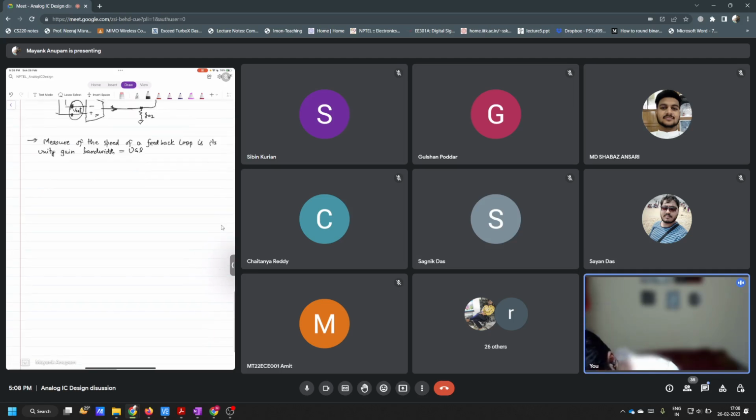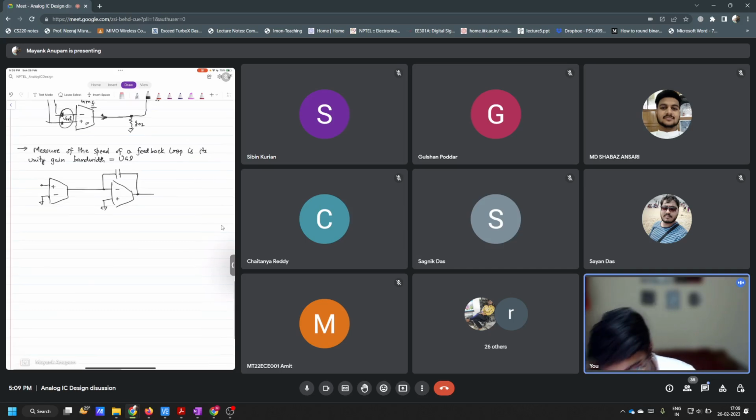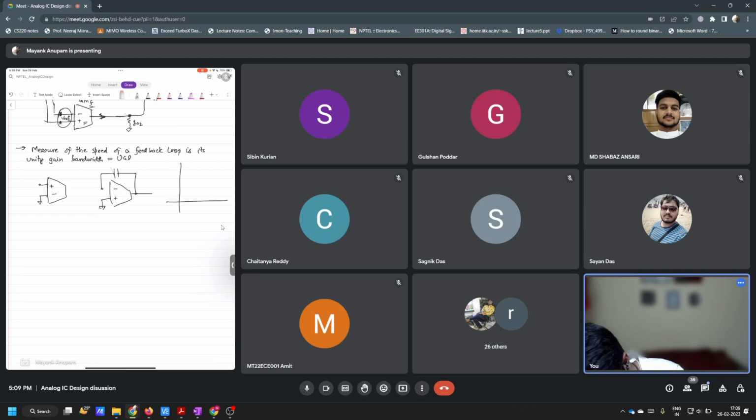So what do we see here? This is one op amp, right? Which we have studied so far, and we added Miller compensation here to make sure that it is compensated, isn't it? And what did this Miller compensation do? If you have poles here, let's say without Miller compensation, your pole location was something like this.